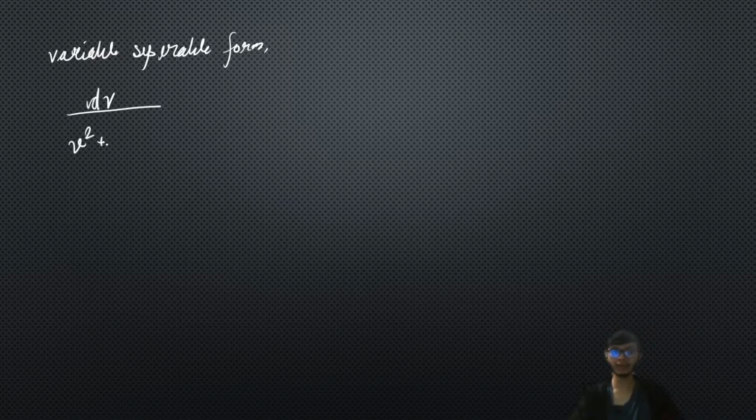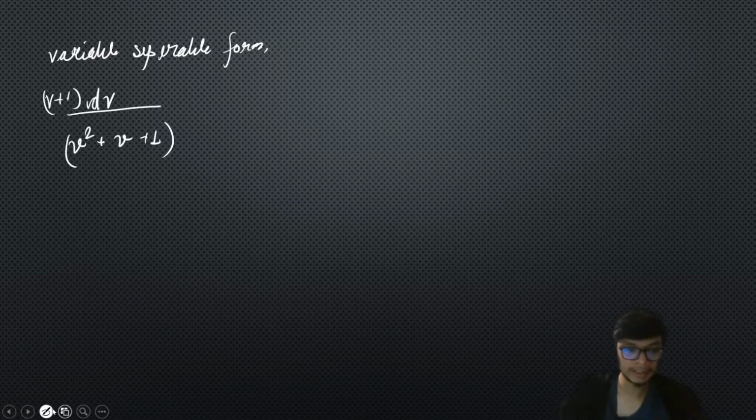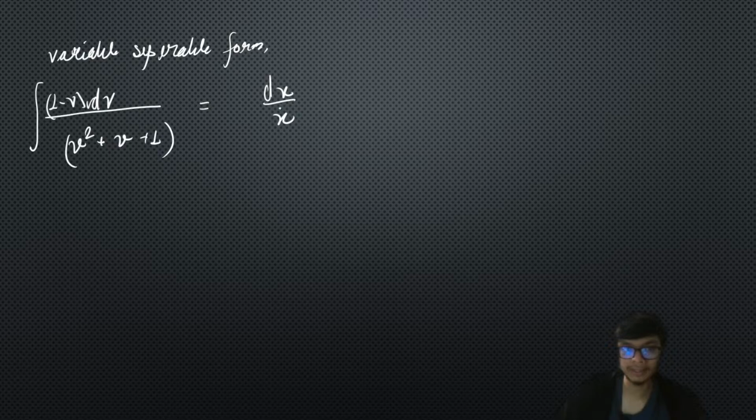In the denominator it will come as v square plus v plus 1, and the numerator was basically 1 minus v. So integration of it is equal to dx upon x integration of it. That's how we simplify and make it of the variable separable form.